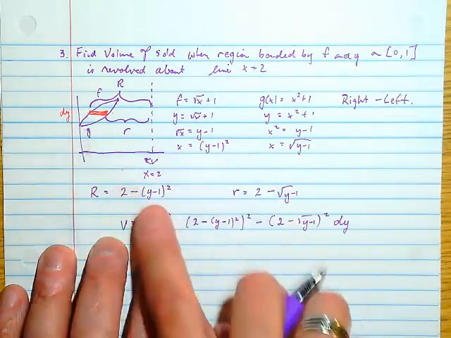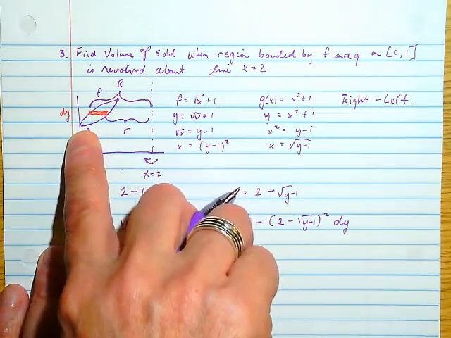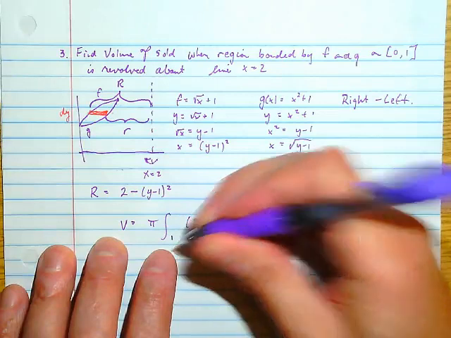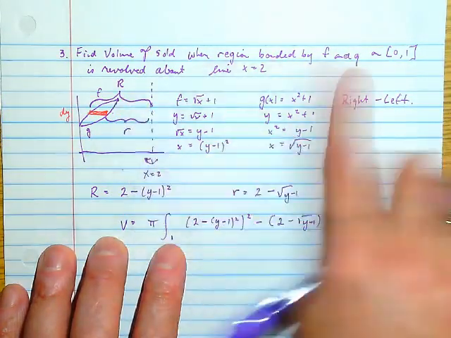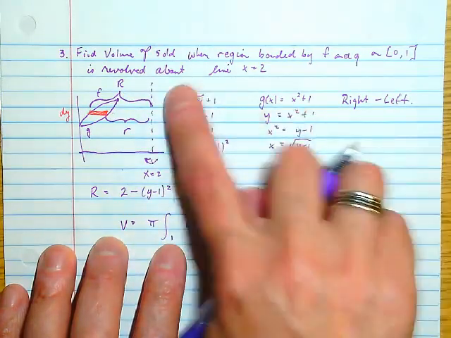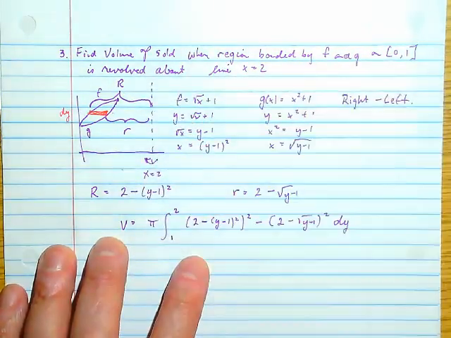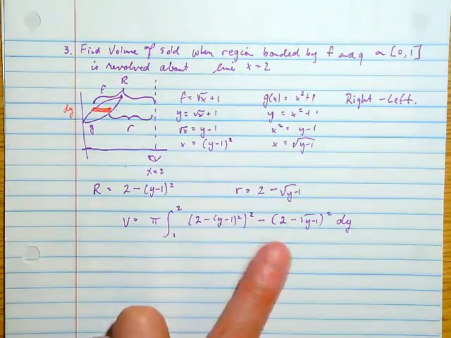Well, when x is 0, what do those two intersect at? They intersect at the point y equals 1. When x is 1, right here, I would just plug it in. When x is 1, we'd get y is 2. So we're doing the integral from 1 to 2 of that, and then we take care of all of those.